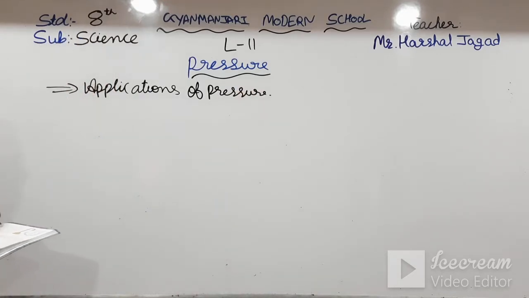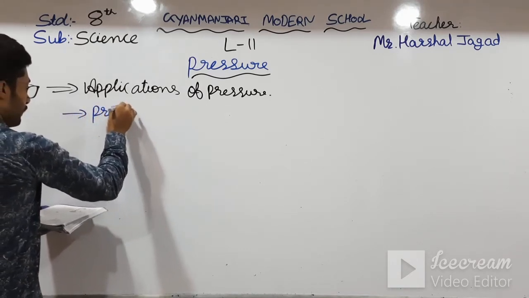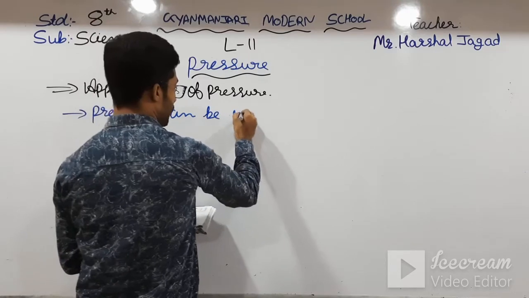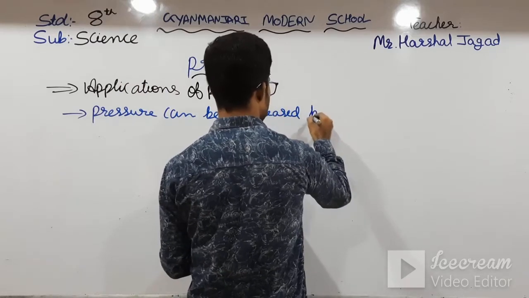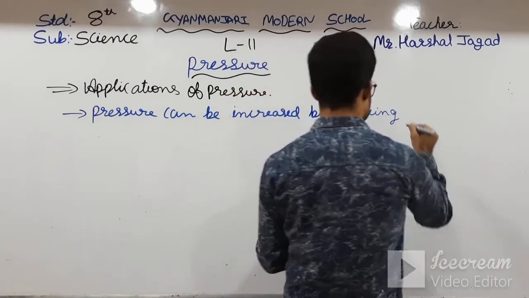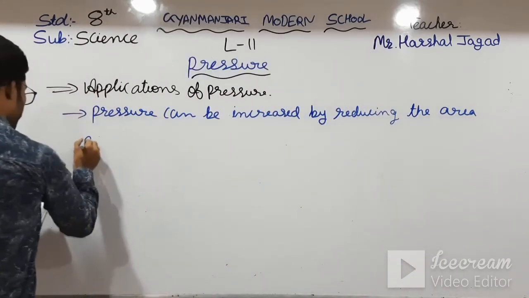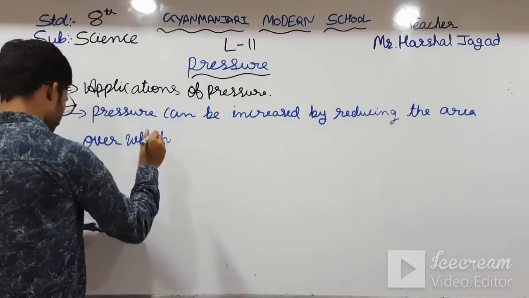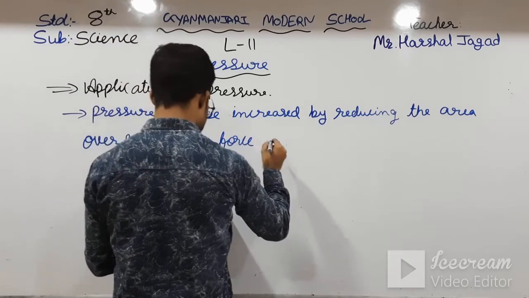See here, first of all, we will write this: pressure can be increased by reducing the area over which the force acts.